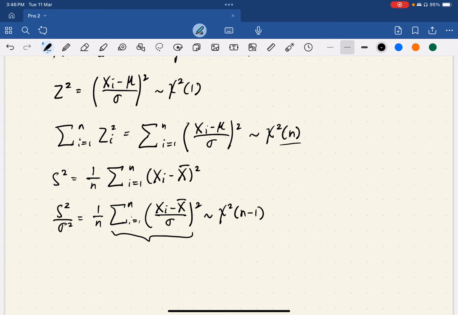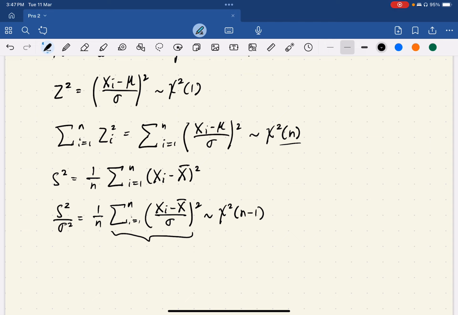So you're estimating twice, not just once. So when you estimate the sample mean the first time, you reduce the degree of freedom by 1. And so if you want to find the distribution of the sample variance, what you're going to have is the same chi-square random variable, only that it reduces by 1.